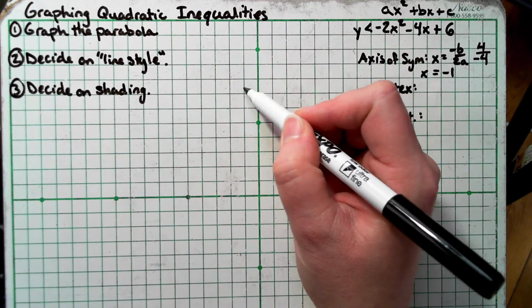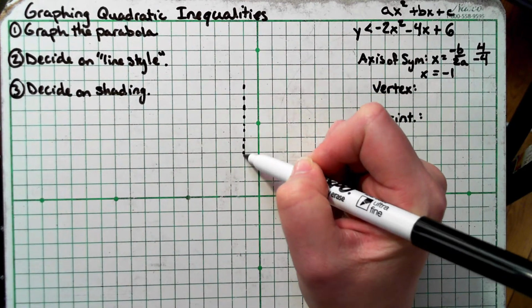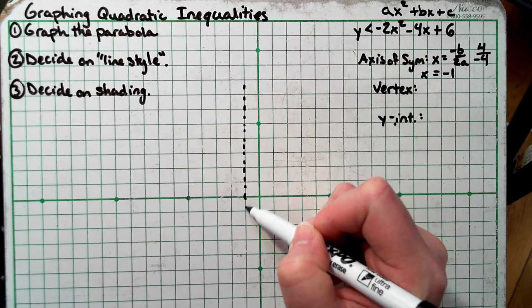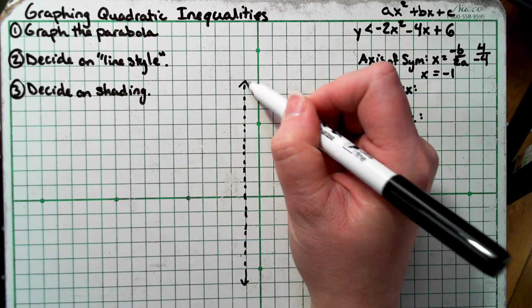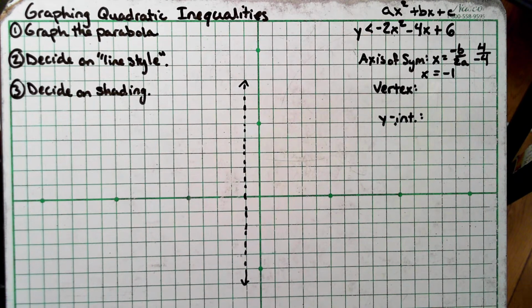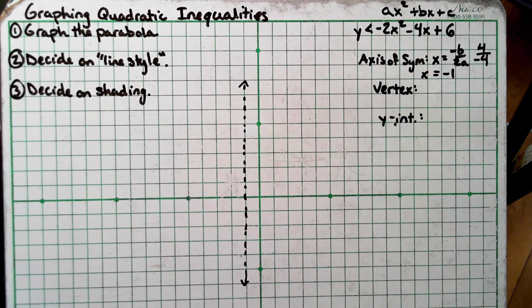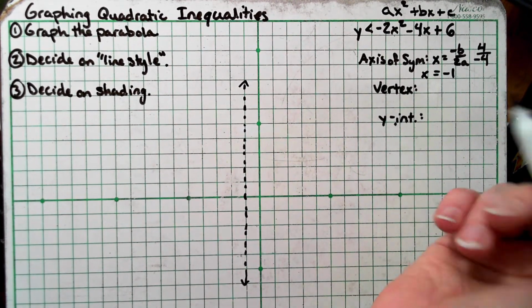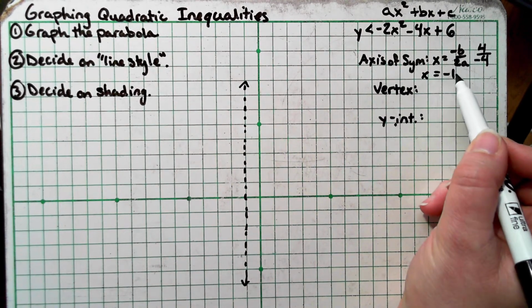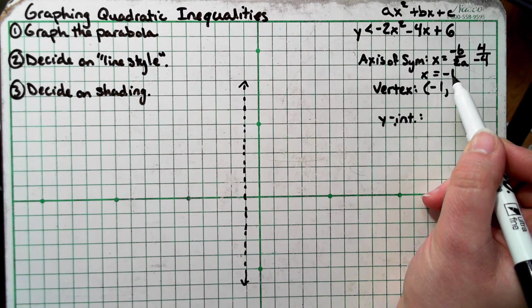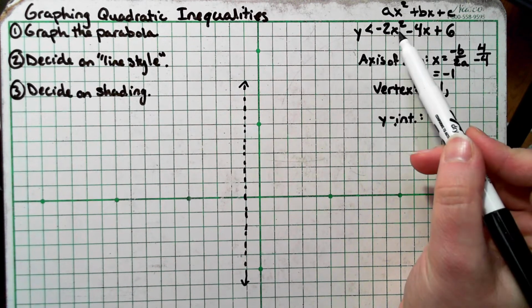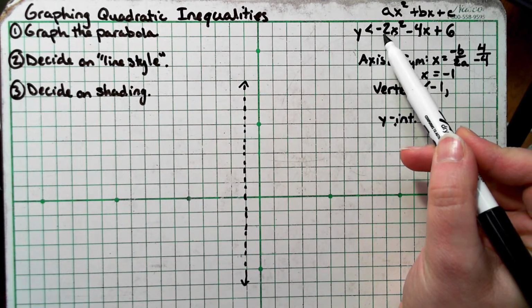What I like to do is right at negative 1, I'm going to put a dotted line on my graph to represent our axis of symmetry. Now that's not actually part of your quadratic graph, but it does give me something to reflect across when I get points. Now my vertex, the x value is going to be this negative 1. To get the y value, I take negative 1 and put it into this quadratic.